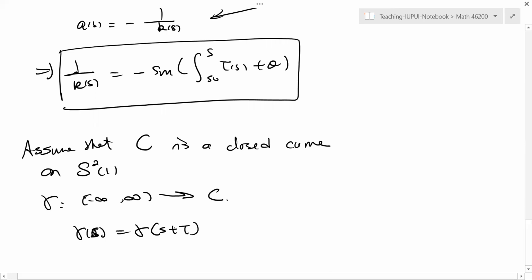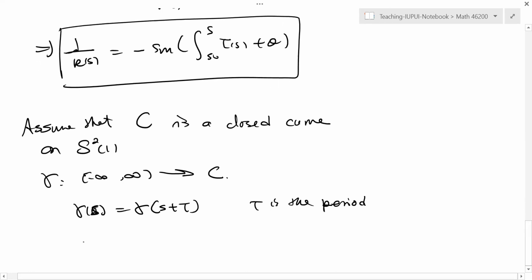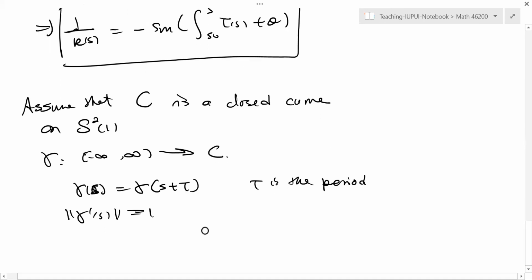T is the period. Of course, we see the speed is always equal to 1. So that means T is also going to be the length of C.